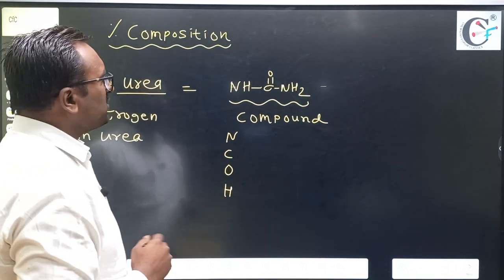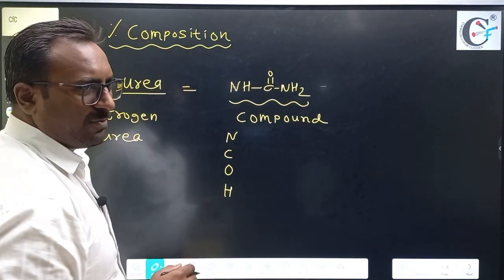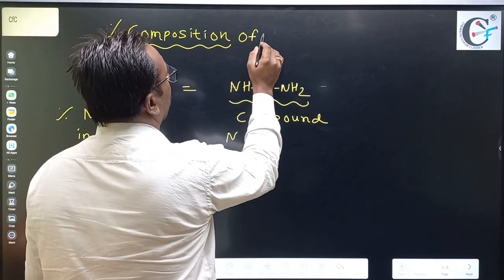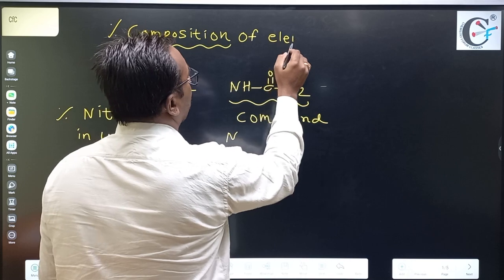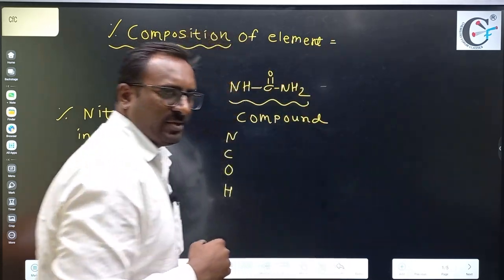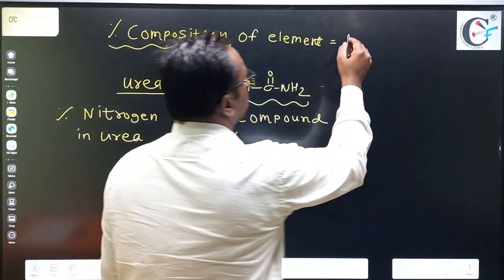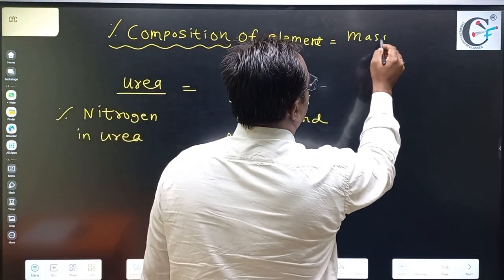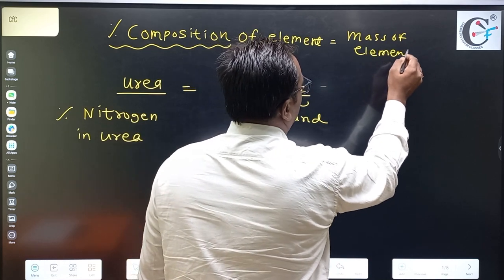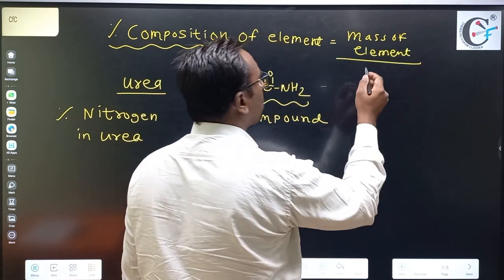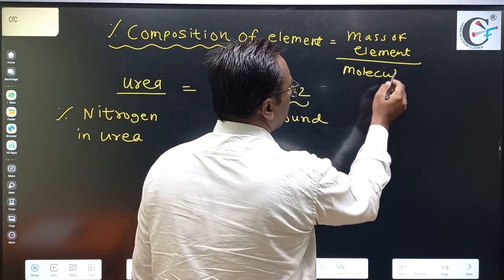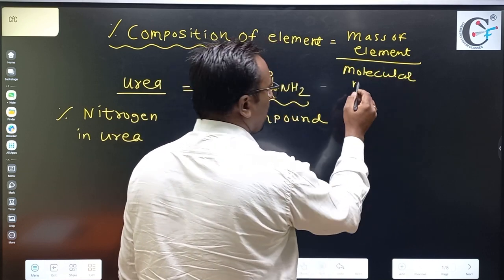To deal with such problems, we have a formula: the percentage composition of an element in a compound is equal to the mass of that particular element upon the molecular mass of the compound.